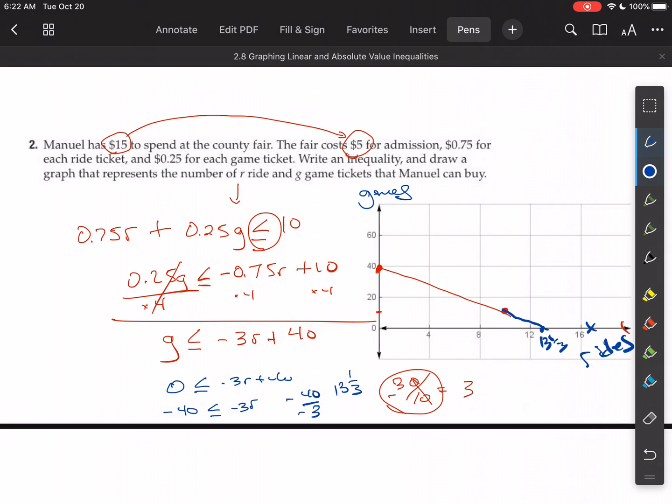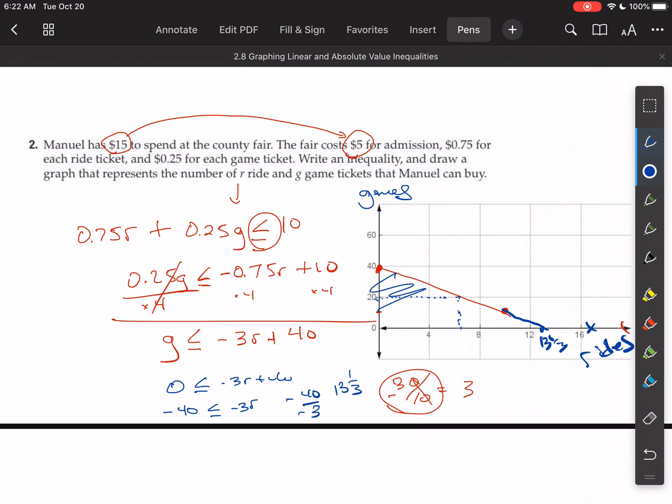Okay, so if I said he played 20 games, which is right in here, okay, he could have played as many as, you'd have to figure out exactly where that happens, but you could say one possibility is, it looks like definitely it's less than 5, is 20 games, 5 rides, right? So 20 games and 5 rides would be a possibility.